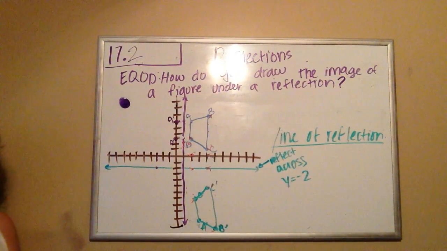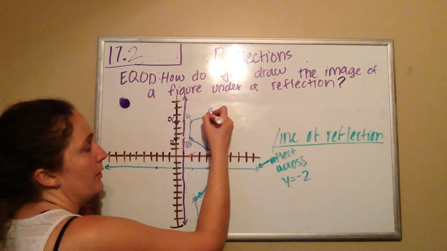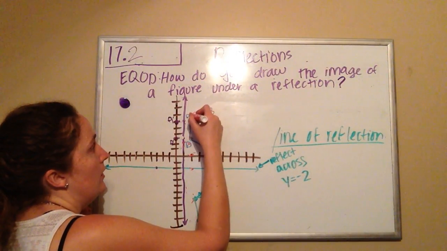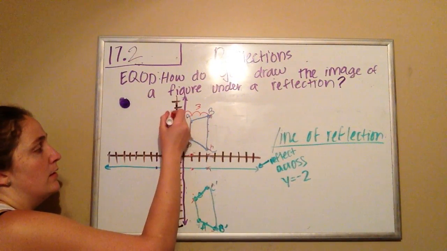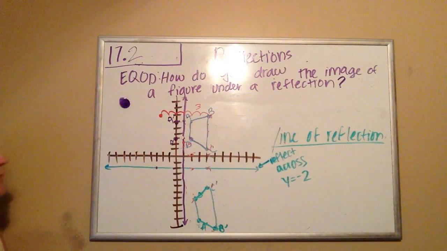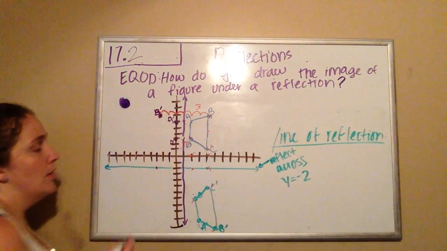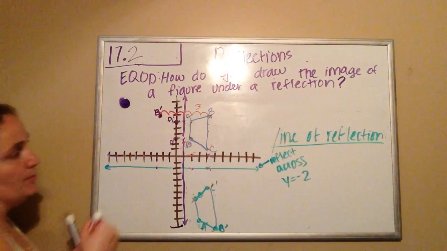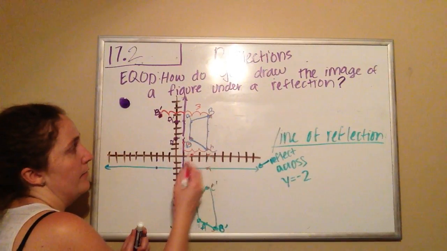We've got B and C. So for B, let's count how far we have to go to get to our line of reflection. 1, 2, 3. So to get to our B prime, we're going to go 1, 2, 3. We've got our point, B prime. Good. And then last one, we need C prime. So we're going to count here. 1, 2, 3 to the line of reflection.